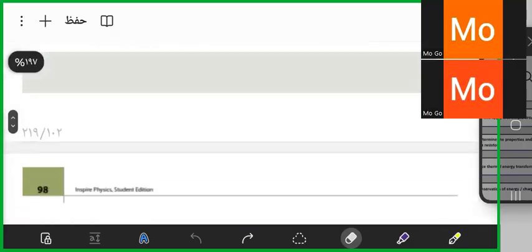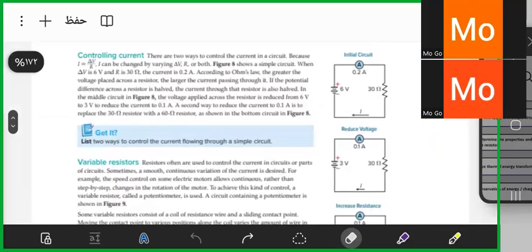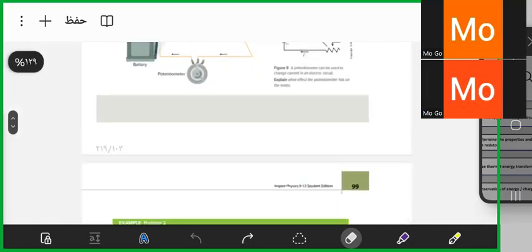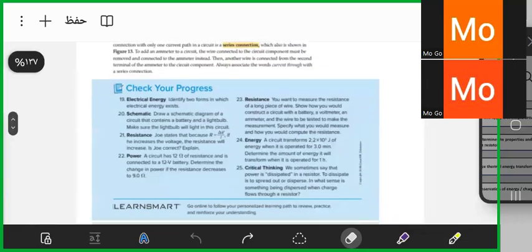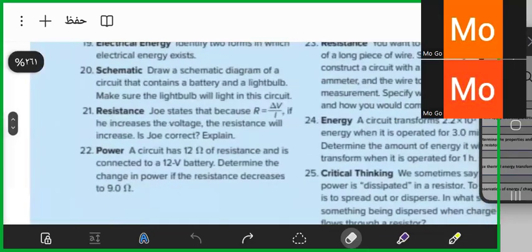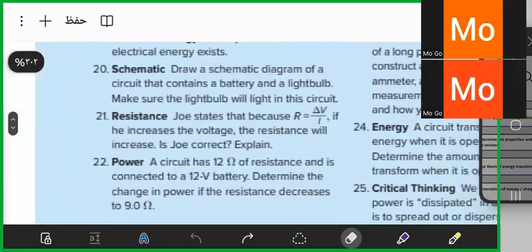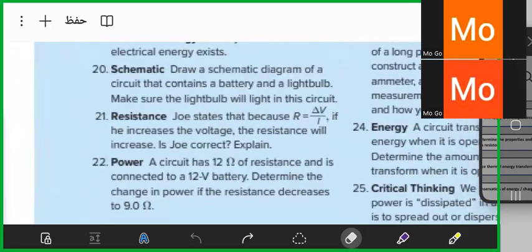So we had mentioned this before also, and we had mentioned the difference, and I equals ΔV over R. He may have needed to add question number 21 to be solved. 21 is not here, 21 is here. Resistance, just that, because R equals ΔV over I. If he increases the voltage, the resistance will increase. True or correct? Explain.